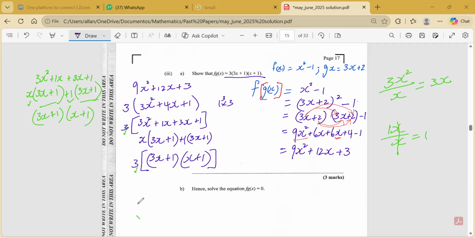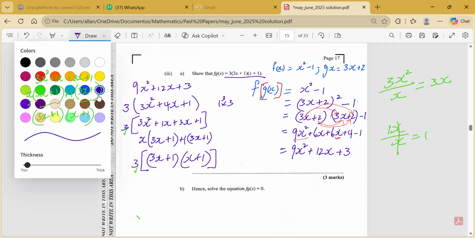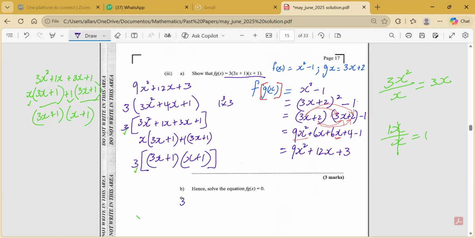Now they ask solve when it's equal to 0. Solve when f of g of x is equal to 0. So you have 3 into 3x plus 1.